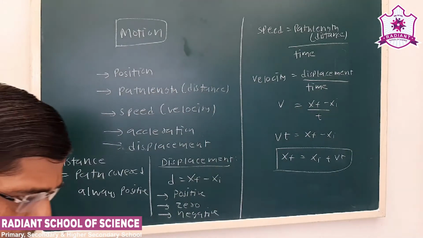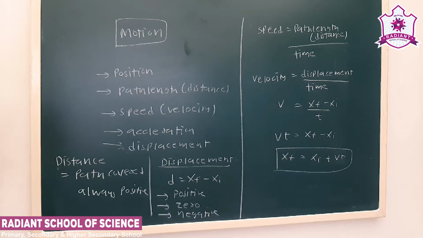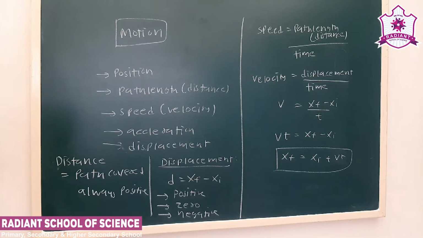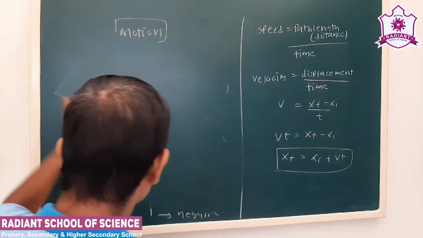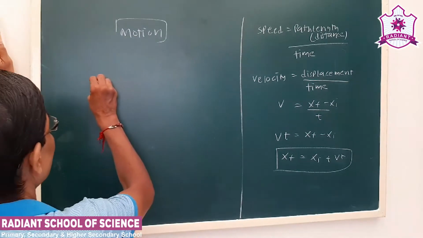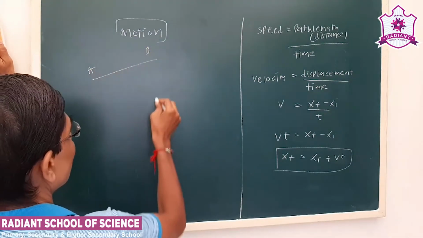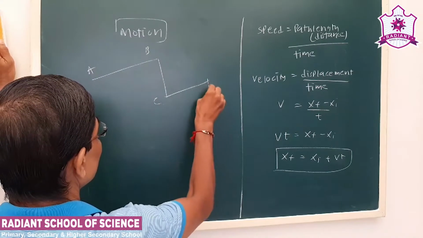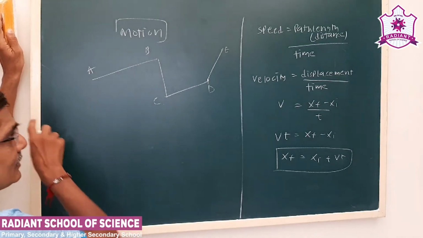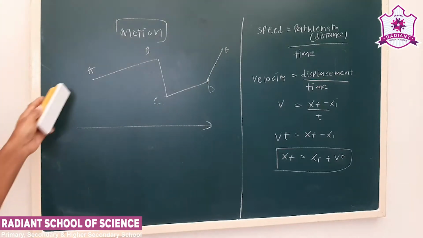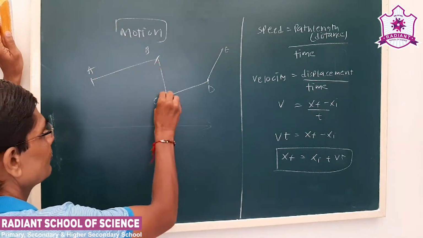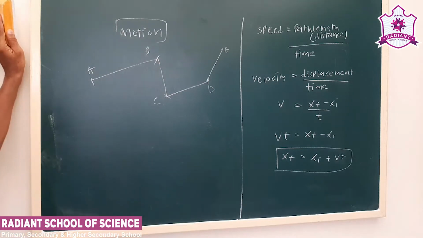Now we talked about rectilinear motion. When all the path of a motion is a straight line, it is called rectilinear motion. Let us say an object moves from A to B, then B to C, C to D, D to E. This is itself not a straight line, but if I divide it into parts, AB, BC, CD and DE, all are straight paths.